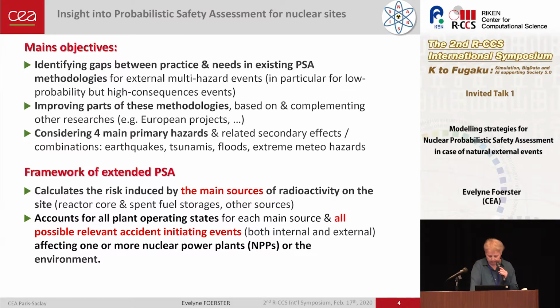So usually the practice is more single hazard oriented, and so the innovation here is to try to find a way to combine external events, natural events or not natural, but here I focus only on natural events, and to address, of course, things which are more low probability but high consequences with respect to the environment and people.